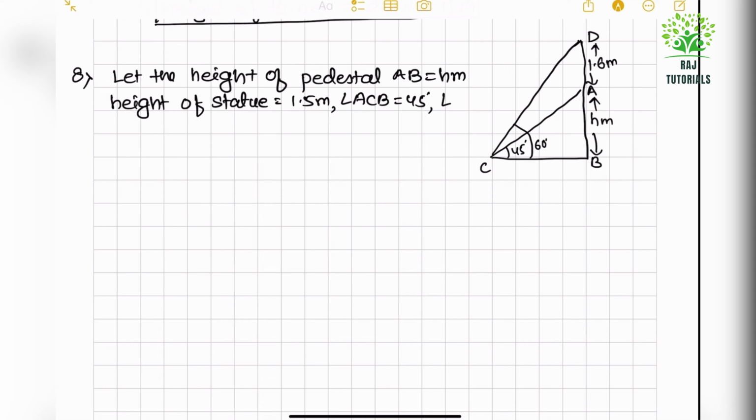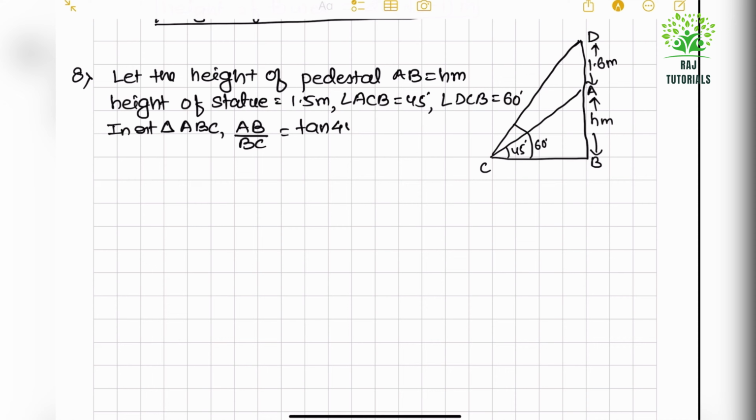So height of statue is given 1.5 meter. Angle ACB equal to 45 degree. Angle DCB equal to 60 degree. So this all are given.